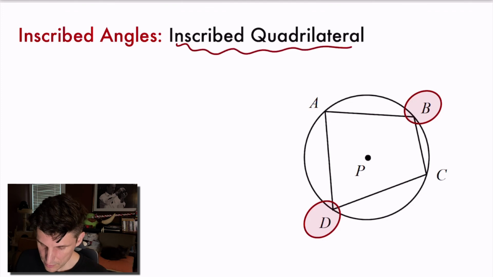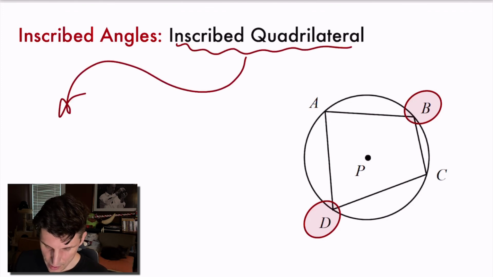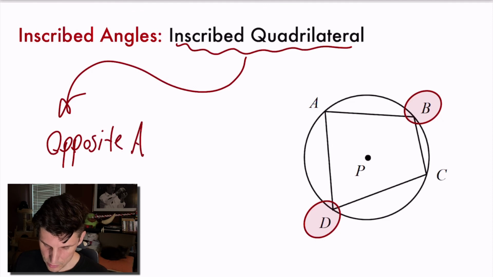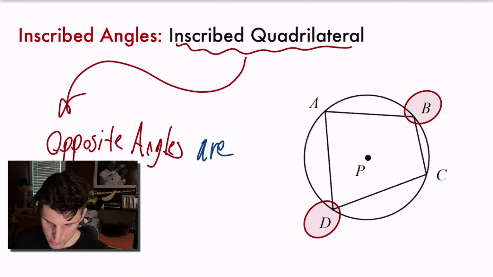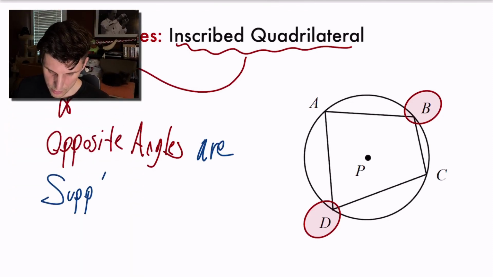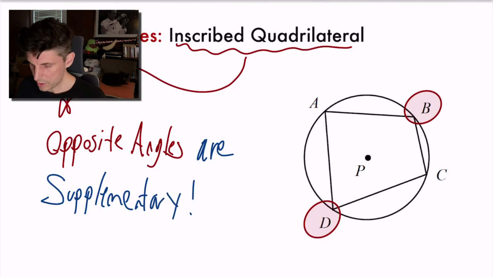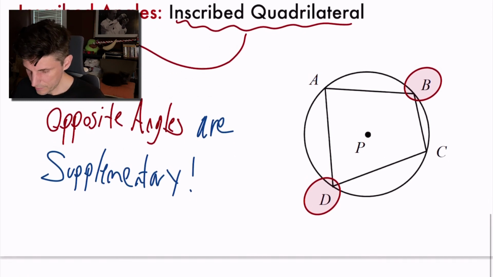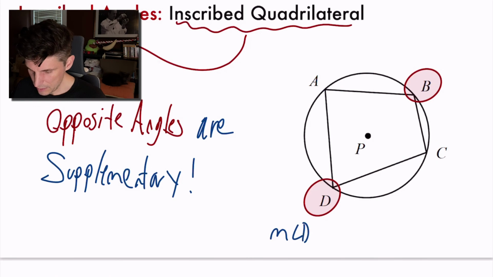So let's just point that out. Opposite angles are supplementary. So in this particular instance, you would say the measure of angle D plus the measure of angle B equals 180.